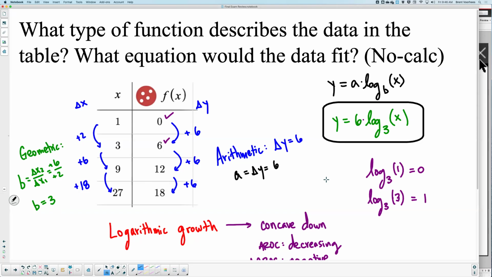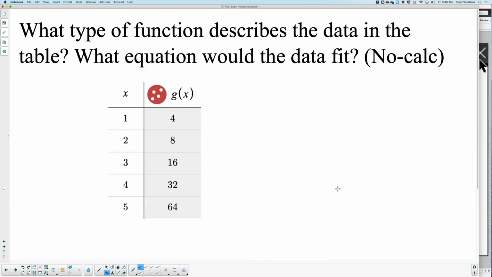All right, let's try another one. This time, what do you notice when you look at this table? They're adding by 1. So if delta x is 1, is this arithmetic or geometric?